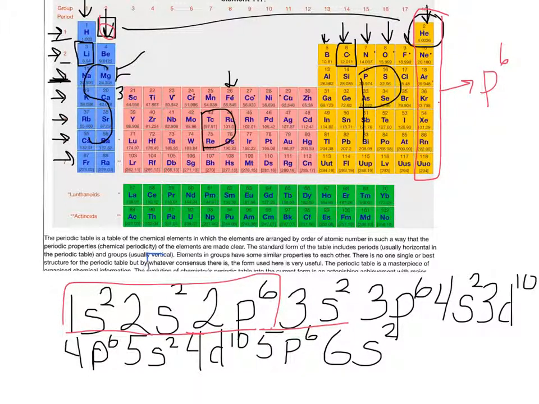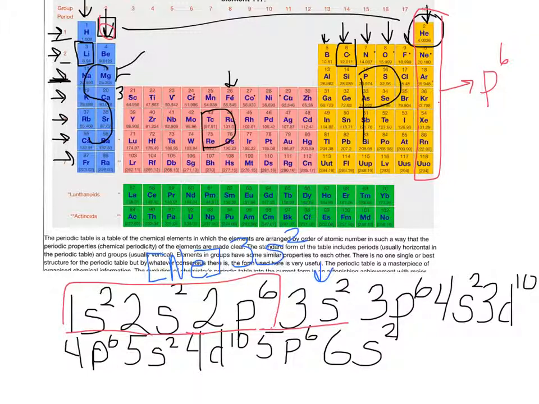And I'm going to put a bracket with the symbol for neon in there. And then I'm going to add on just this last part, 3s2, and show that magnesium is the same as neon plus 2 more. Okay, does that make sense? It's a little faster to write that way.